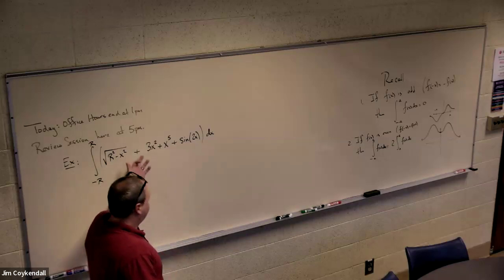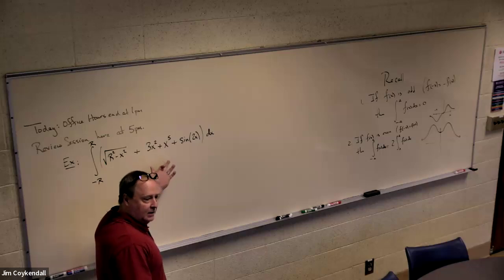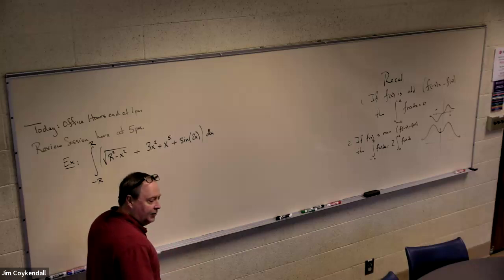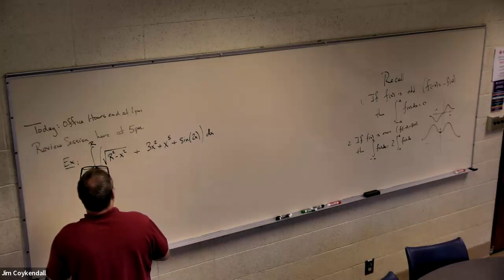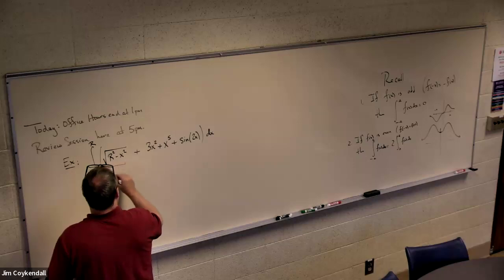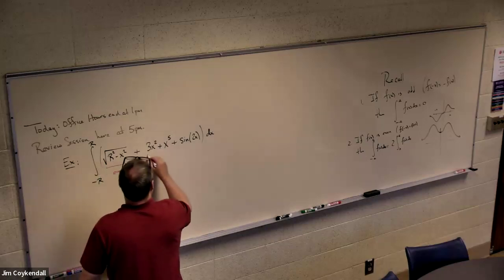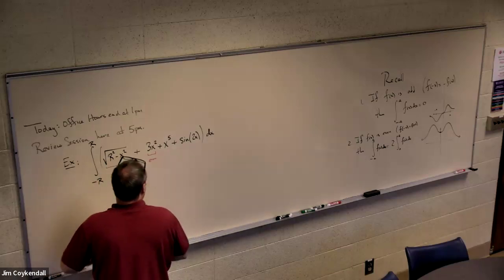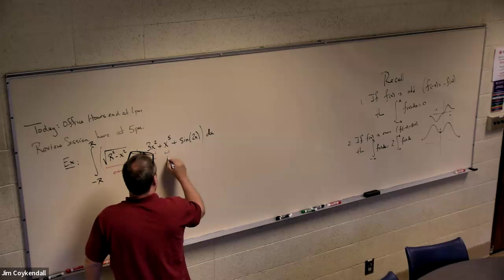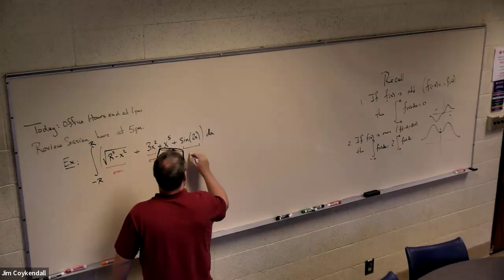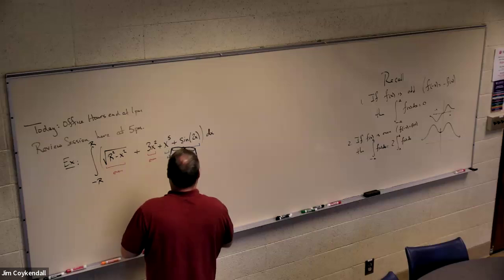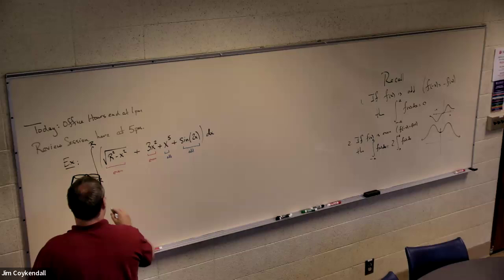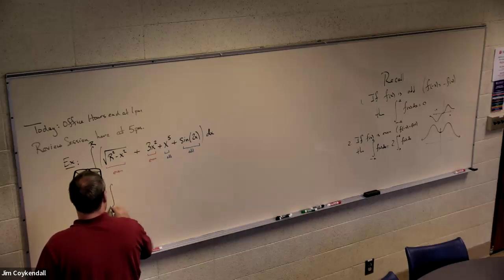Well, this function in its totality is neither even nor odd, but its pieces are nice. This one right here is even. This one is even. And these last two are odd. So one thing that I could do is break this up this way.